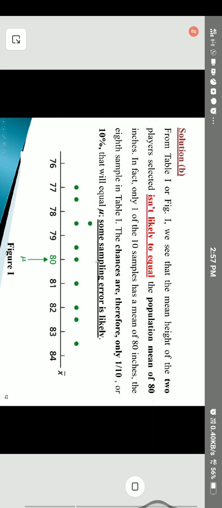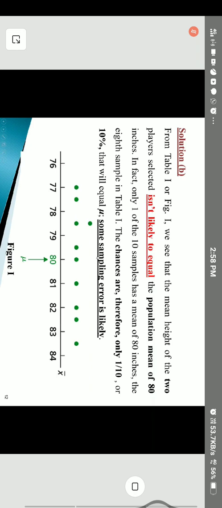So some sampling error is likely. There is still sampling error in your sampling if you take size 2. To highlight, the point is that in sampling there is always a probability you will have some sampling error. I just want to stress in this example that even though our sample mean is 80 and our population is 80, remember it was 1 over 10 samples you did, only 10% equal to your population mean.